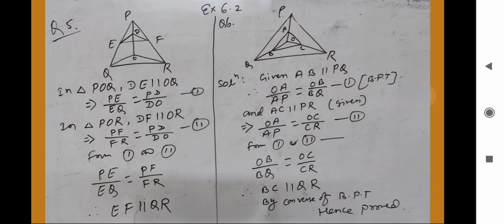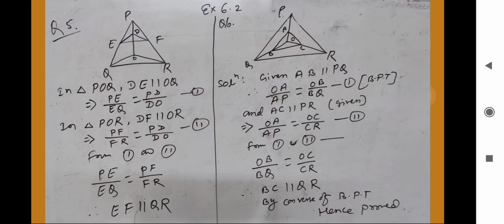Similarly, in triangle POR, DF is parallel to OR. So we can say PF by FR is equal to PD by DO. This is the second equation we suppose. Look students, in the first and second equations, the RHS PD by DO is the same. So the LHS must be equal.